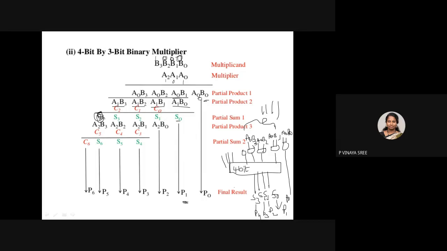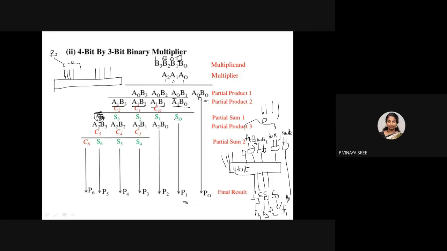Again, for the next full adder, I want an answer, ma. What will be the A values and what will be the B values? The B operands are ready here. What are those? A2B0, A2B1, A2B2, A2B3. So this is your B. Can anyone tell me what A is?